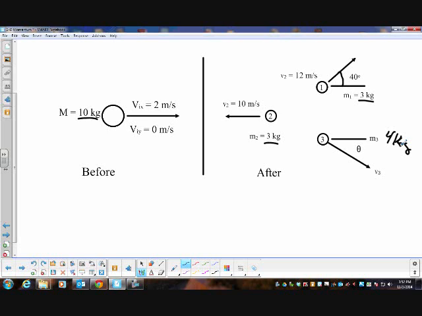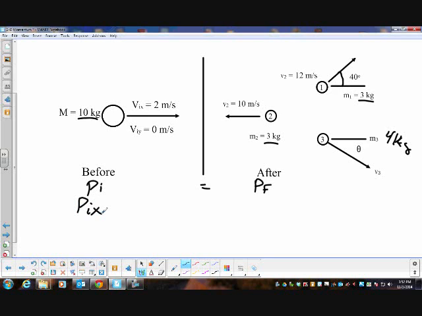Again, this is a conservation of momentum problem. And so what I know is that my before momentum is equal to my after momentum. Now, unfortunately, it's a little bit more complicated than that, because what we have to look at is my momentum in the x direction before.